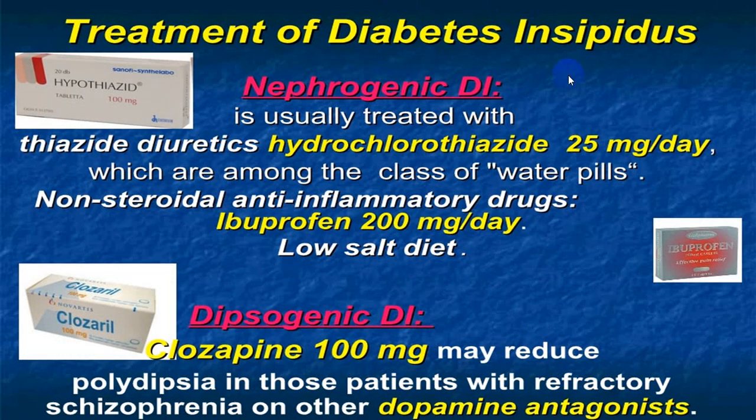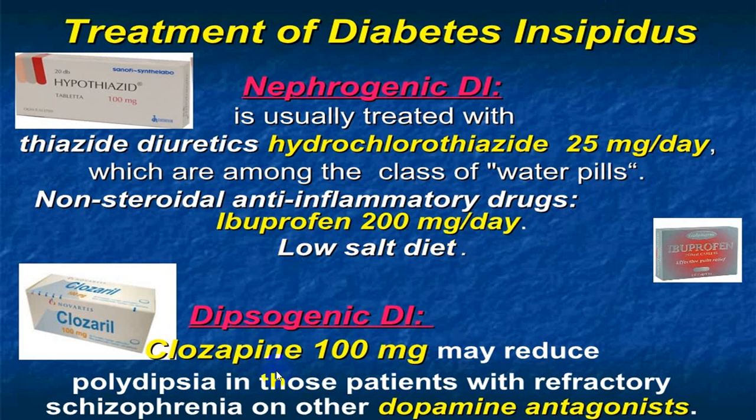While in a nephrogenic variety, usually hydrochlorothiazide is given in a form of 25 milligram per day, which will help, and this is called a water pill, which will help nephrogenic diabetes insipidus to improve. And the second drug which is utilized is a non-steroidal anti-inflammatory drug, and among that ibuprofen is a drug of choice, 200 milligram per day with a low salt diet. So this is a treatment in nephrogenic diabetes insipidus.